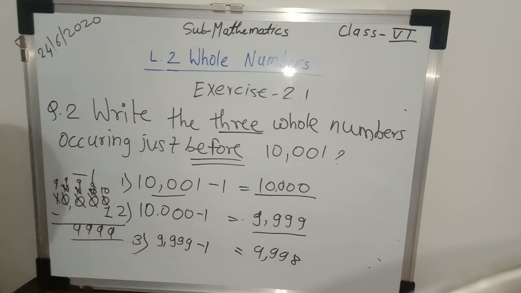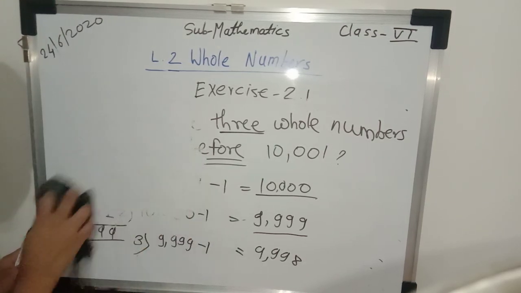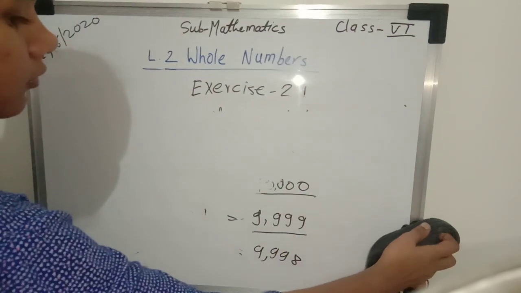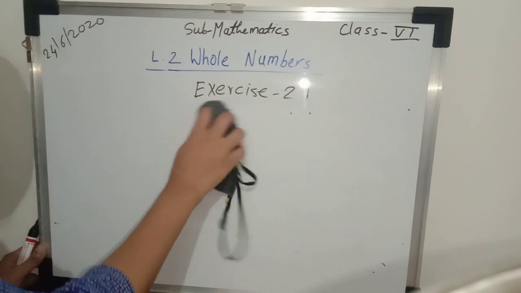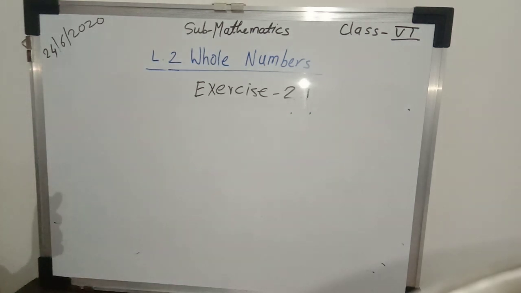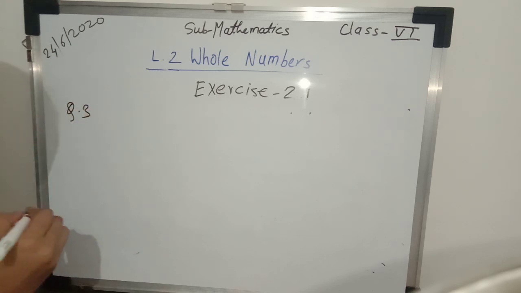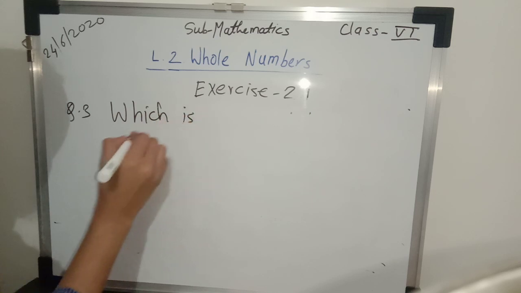Now let's see the third question. Question number 3 is: which is the smallest whole number? It is very simple.